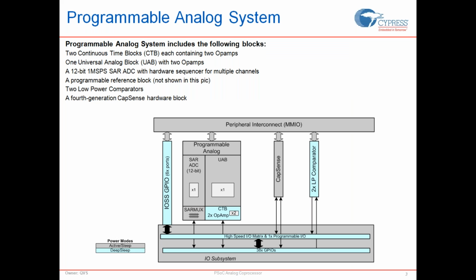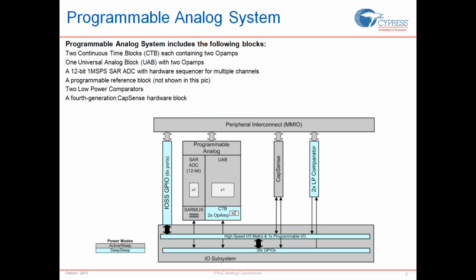Before we jump into the UAB, just a refresher of what we covered last week. We looked at the programmable analog subsystem in the PSoC Analog Coprocessor. We have a programmable analog block in there, which is the UAB.